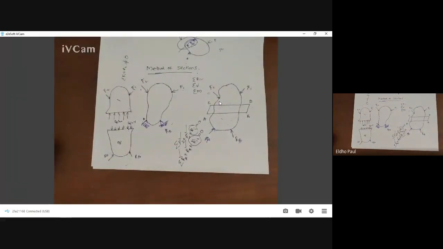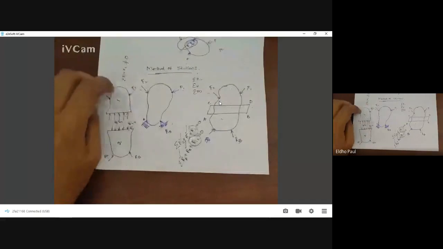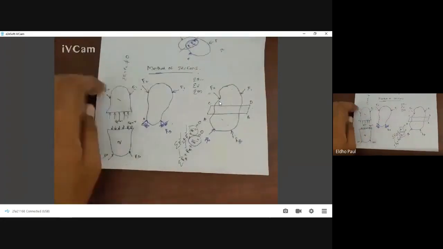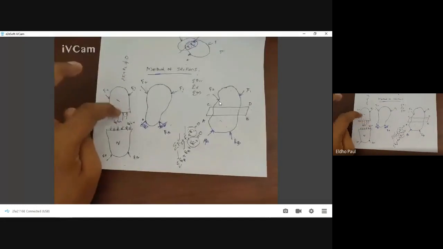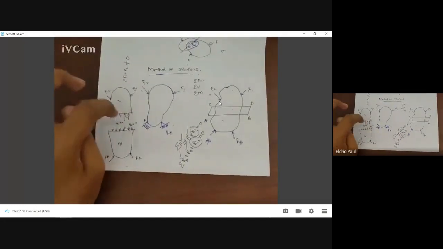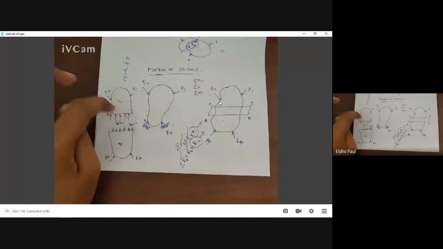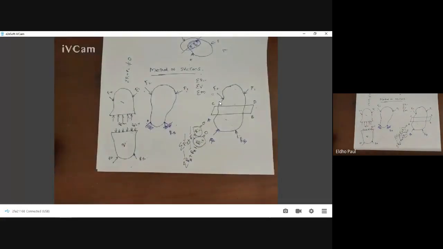And then if the body as a whole is in equilibrium, any part of it must also be in equilibrium. The external applied forces on one side of the arbitrary cut are balanced by some internal force developed at the cut. That is Ri1 and Ri2.